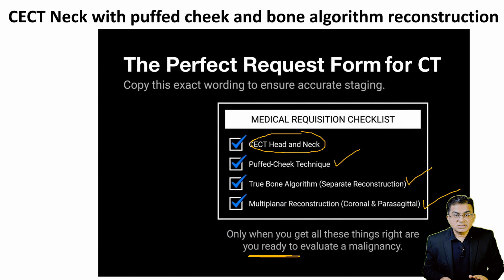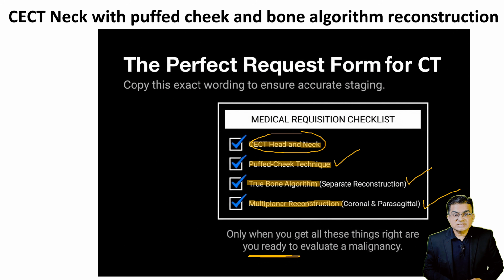Every component is important. You must write in the request form: CECT head and neck with puffed cheek technique and bone algorithm and with multiplanar reconstruction. It is only then you write a complete request for CT.